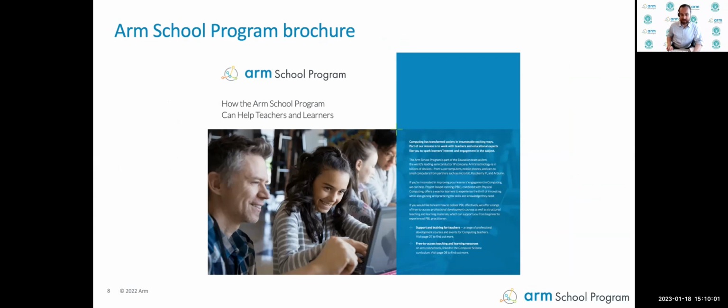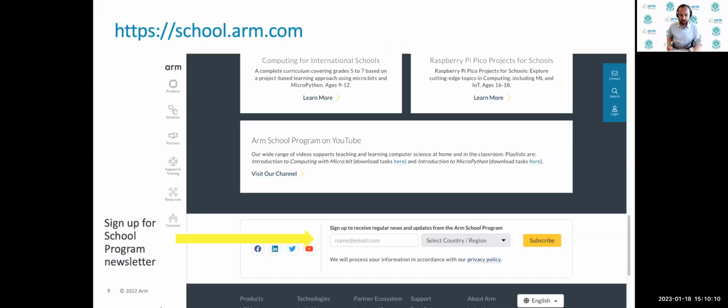So I would very much recommend downloading that and taking a look if you're curious about what else we can do for you as teachers. And on our site you'll also find a box at the bottom of the page where you can enter your email address and subscribe to our newsletter, which comes once a term, so once every few months, and it just gives you a summary of the updates from our program.